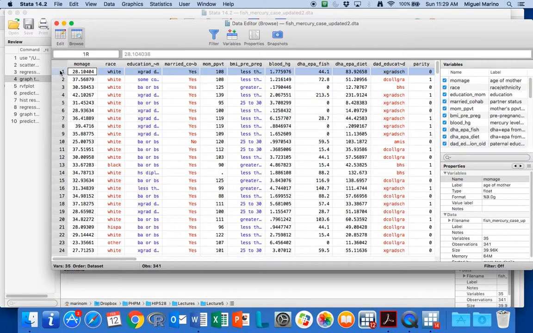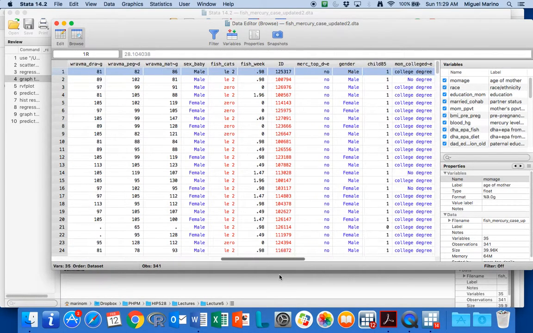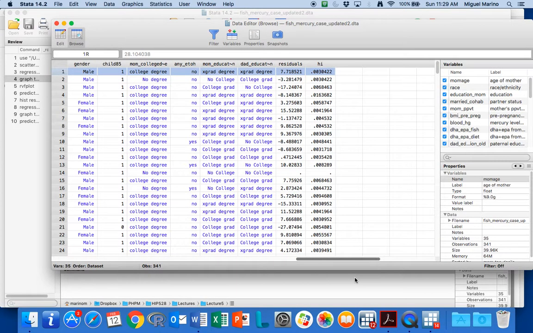Row 1 is for subject 1, mom age 28, and so on. Go to the end here. When you hit the predict command, you've created a new variable called HI, which gives, for every subject, a leverage point that measures how influential it is to these regression parameters.